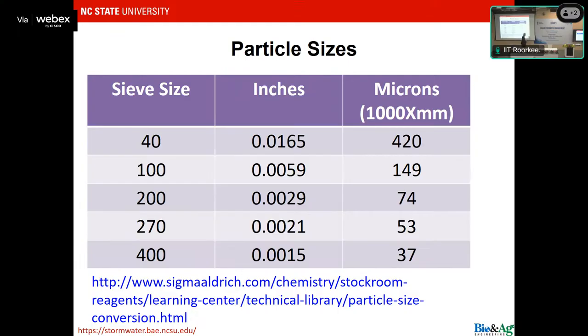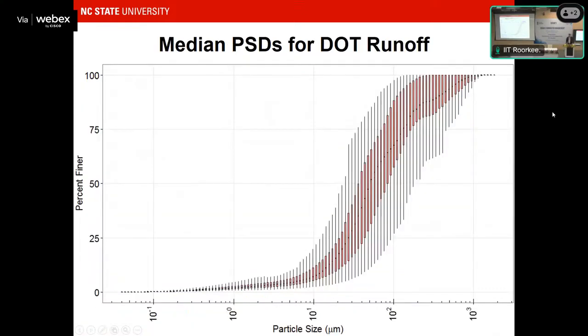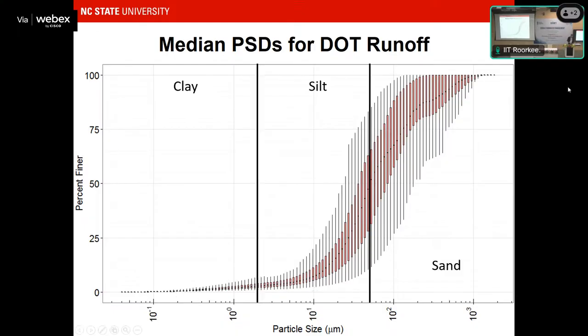In North Carolina, we did a bunch of tests with our transportation ministry, which we call the Department of Transportation. Those are the ranges, our particle size distributions associated with roadway runoff. If you take a look at it, most roadway runoff, about half of it, is sand.